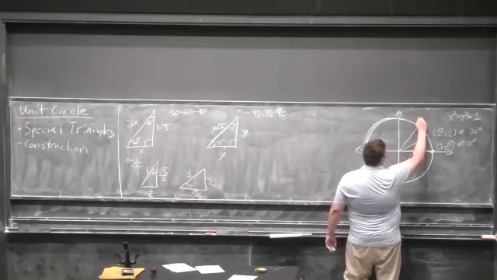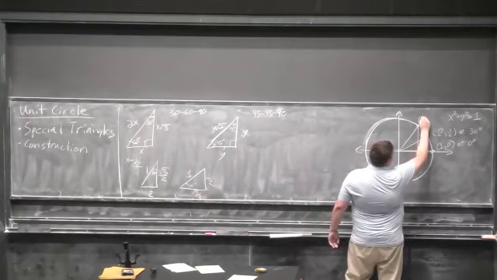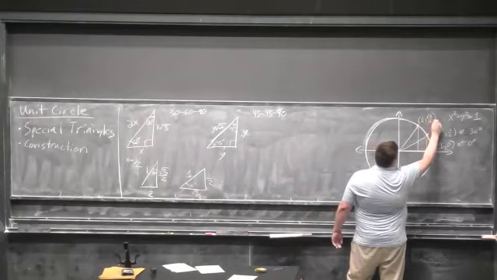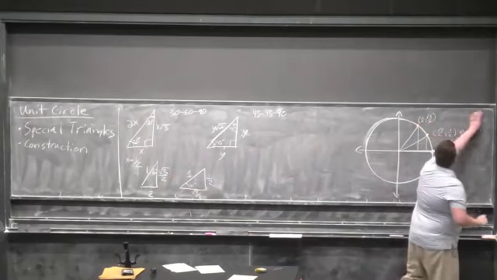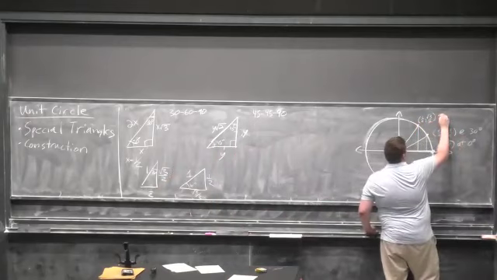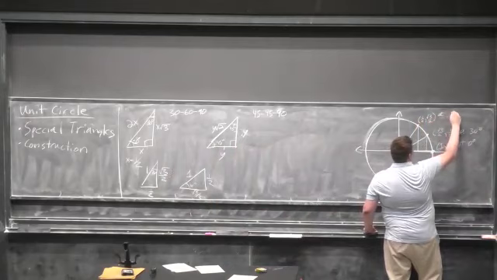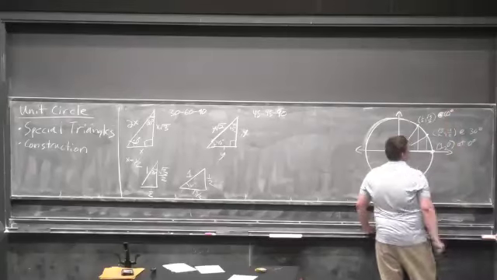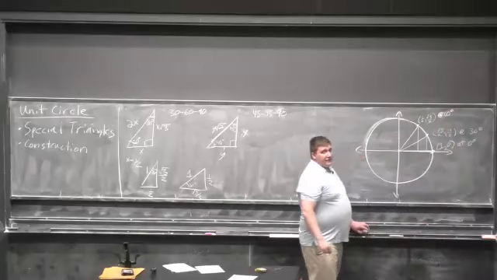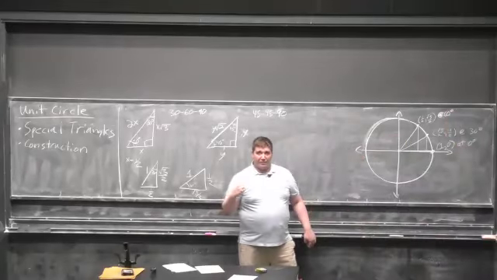So we have (1/2, square root 3 over 2), and this is at, I'm going to write the at symbol for ease, at 60 degrees, or 60 degrees is equivalent to pi over 3 radians.